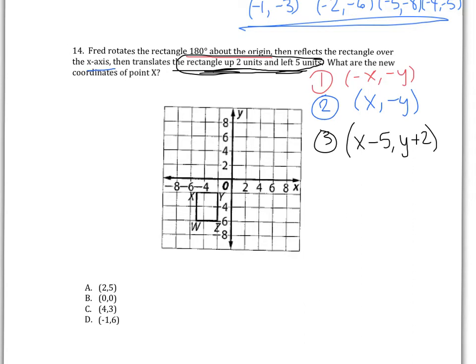So it says we only have to worry about point x, so this point right here. So let's figure out what point x is right now. Point x is a little bit confusing because this is counting by 2's every time on both axes. So this point x is really at negative 5 because it's halfway in between the 4 and the 6.